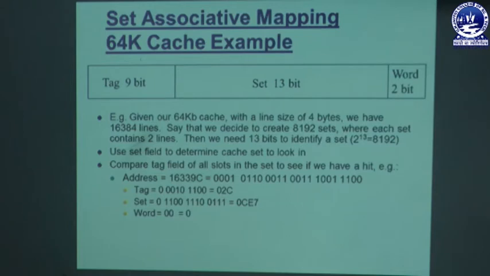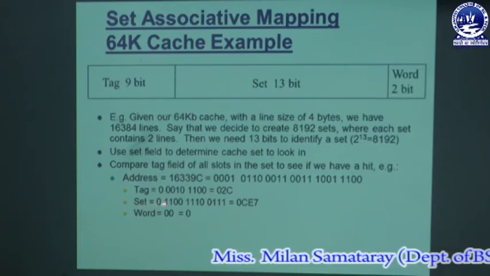So you have to search each tag field to find the requested word. So the word is at 00, which means it is in the 0th position, and the block lies in any line of the set, or you can say the set is specified where the block is going to be mapped. Here is the set value.